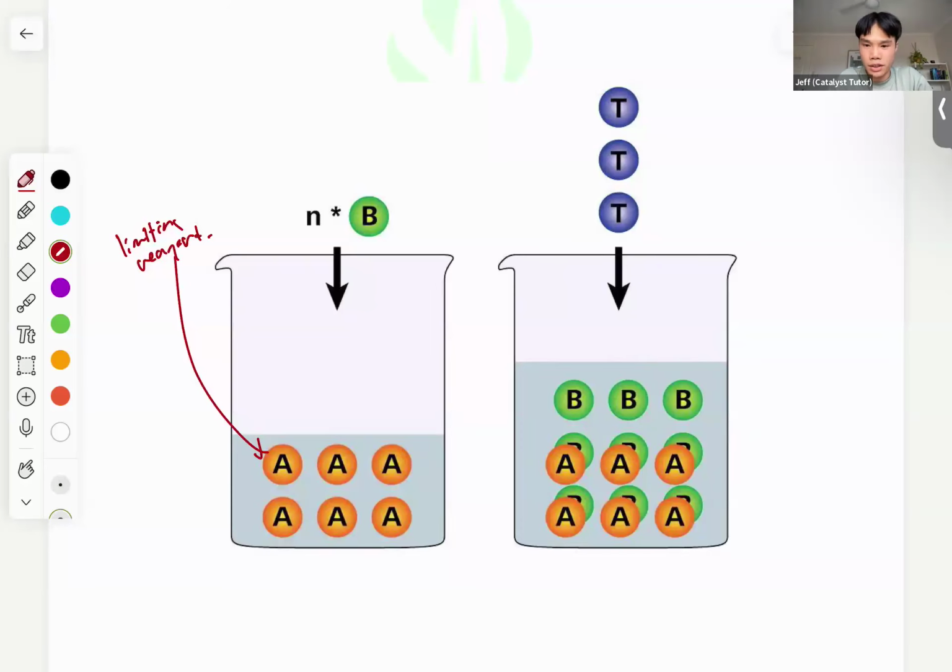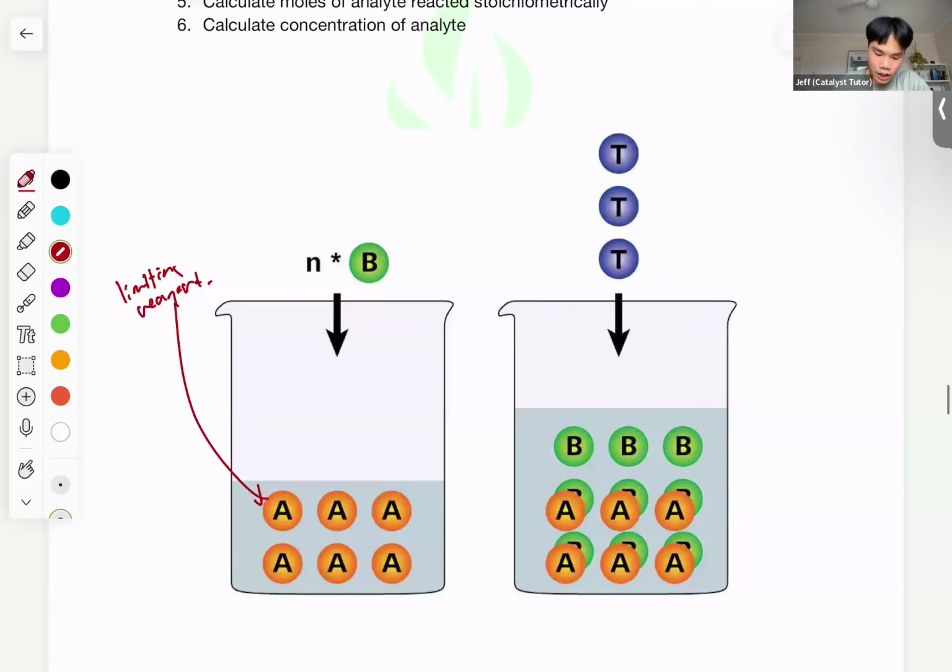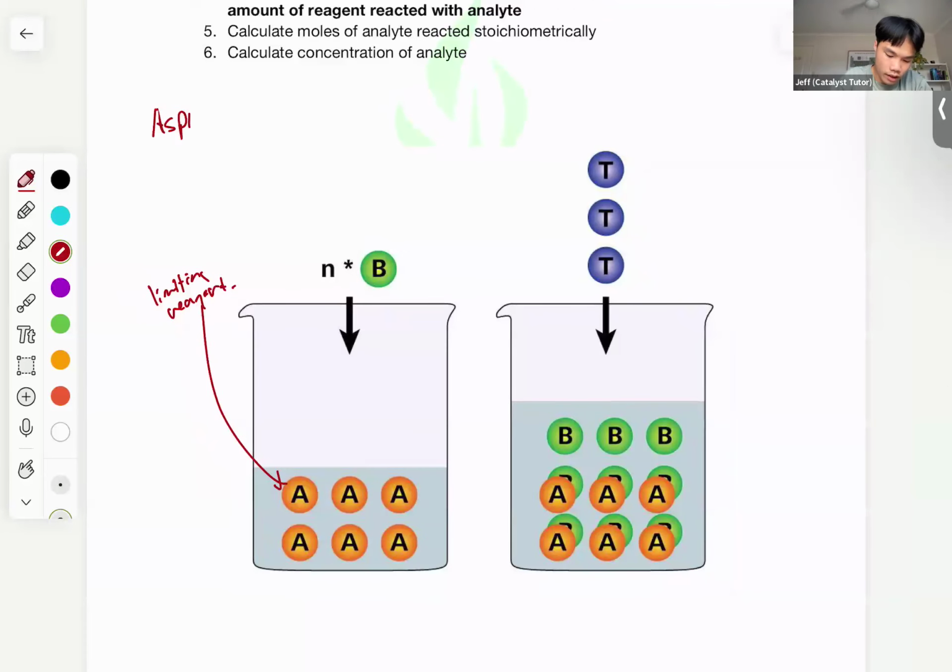A very common example is aspirin. Aspirin tablets don't dissolve particularly well. And so it's not a good idea to try and make a primary standard from aspirin because it won't dissolve completely and you'll have an inaccurate measure of concentration.